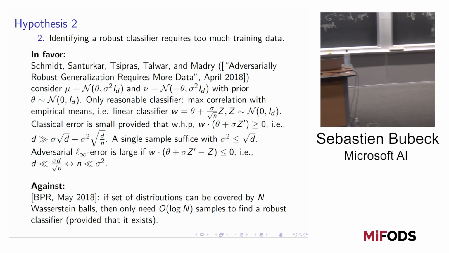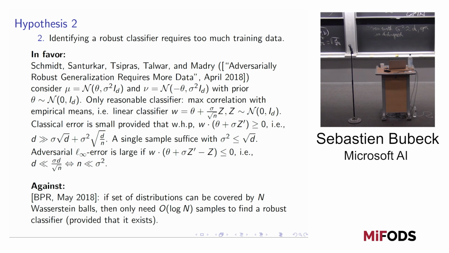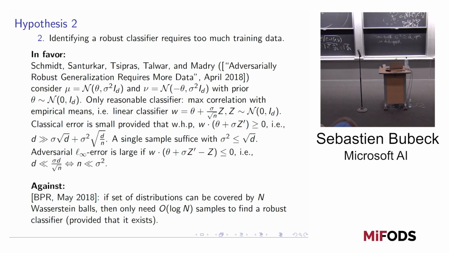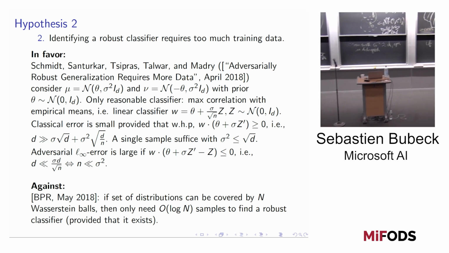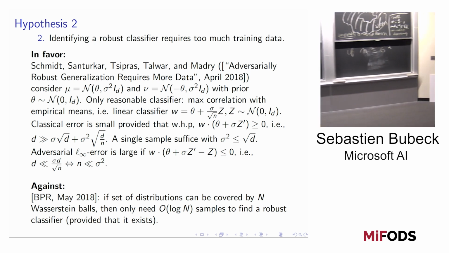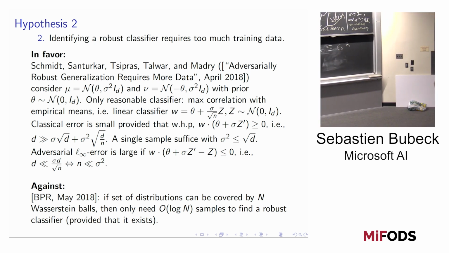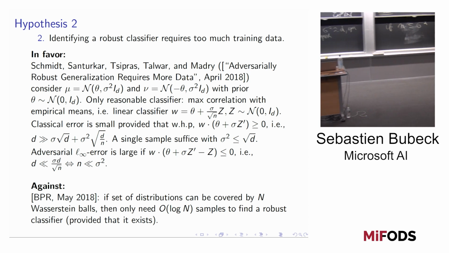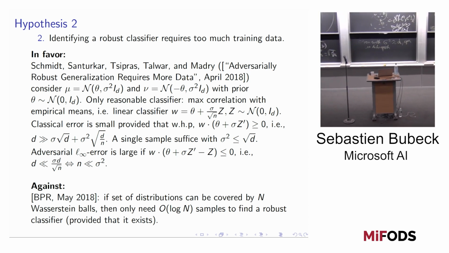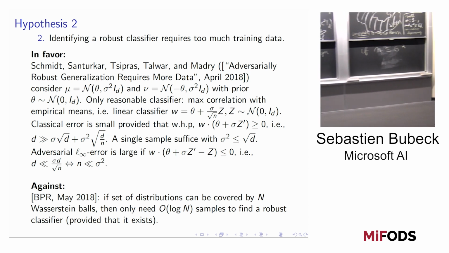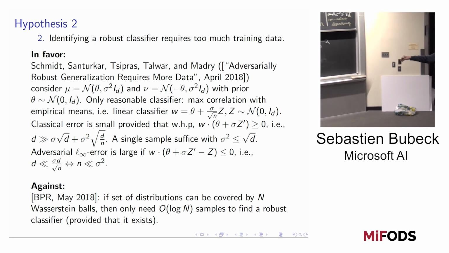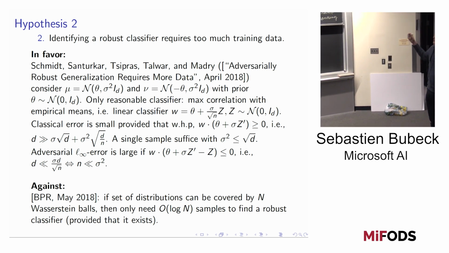So imagine you know that the world only consists of capital N distributions. Capital N could be exponential. Or in fact, you don't even need to know a finite number, you just need to know a covering number for your set of distributions. So say that you have many, many possible distributions, but they can be covered by what we call Wasserstein balls.